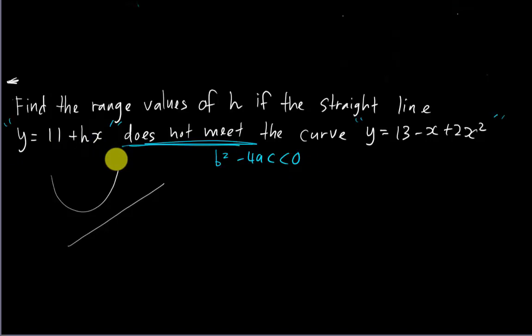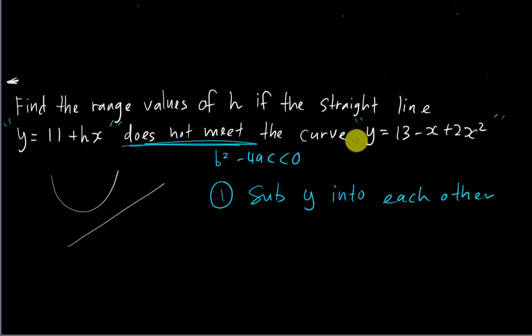For those questions with a straight line and a curve, the first thing coming to your mind is to substitute y into each other. After you substitute, you should form a general equation which is ax squared plus bx plus c equals 0. Only then do you take out a, b, c to do b squared minus 4ac less than 0.